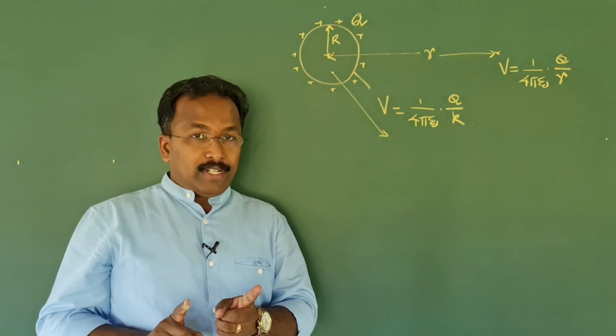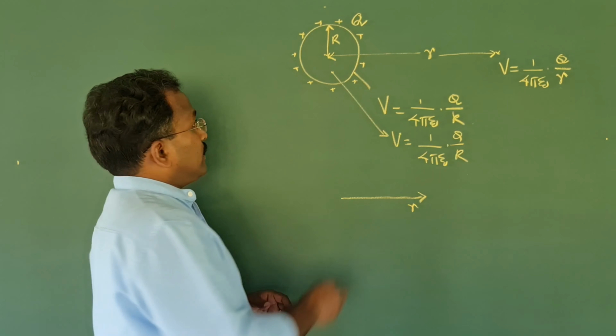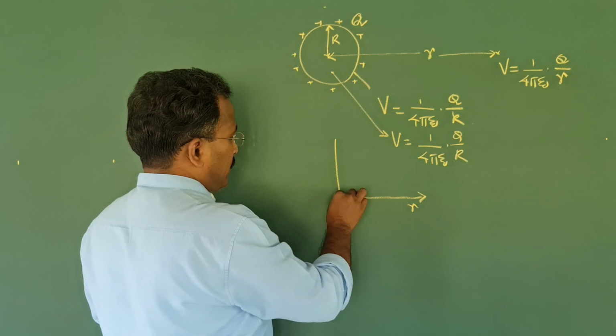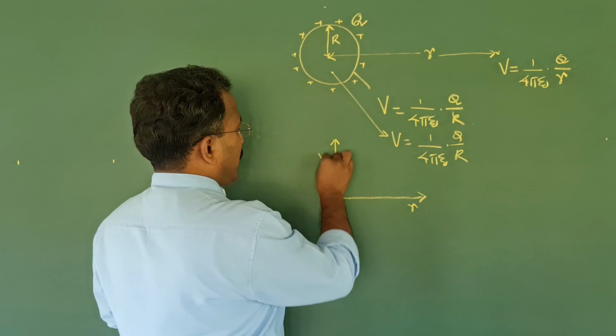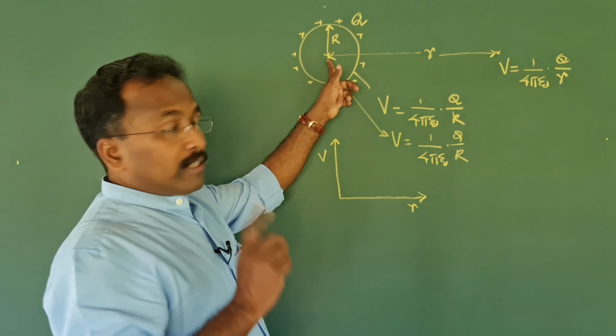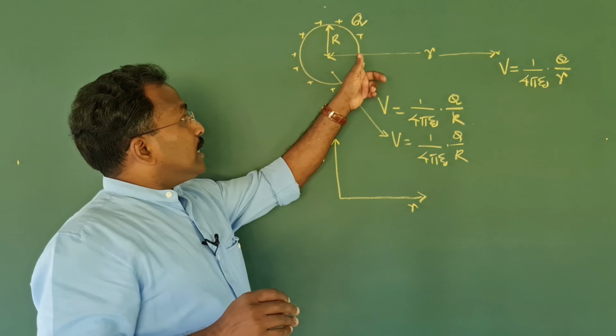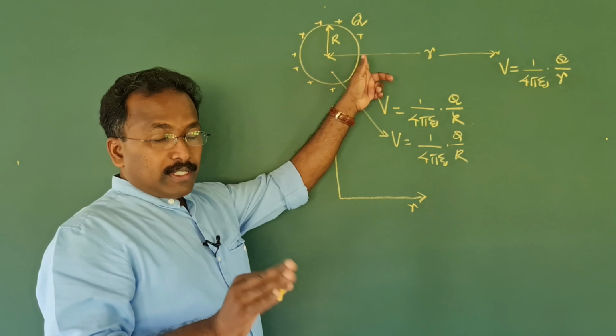Now we try to draw a graph of the potential due to this shell. Okay, so this is the x-axis where distance is marked. This is the y-axis where potential is marked. If you start from the center, as you move along, the potential is the same till you reach the surface.